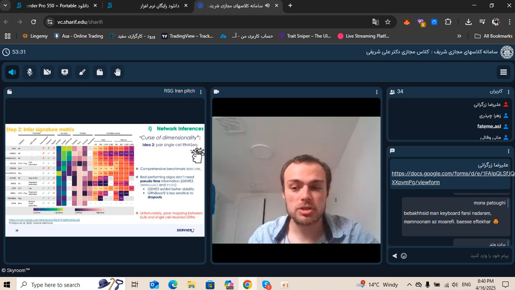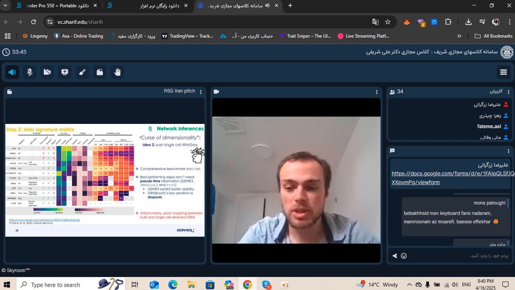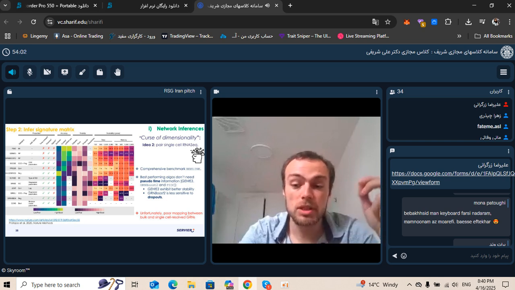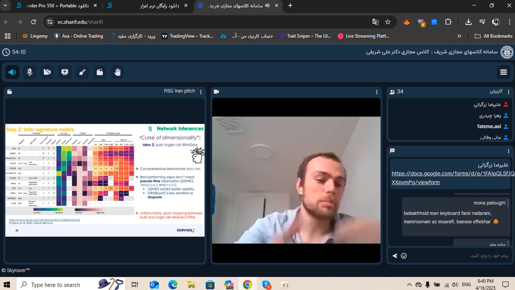Another idea to overcome the curse of dimensionality is to add single-cell RNA-seq profiles, because there are plenty of network approaches that have been developed to infer gene regulatory networks in single-cell populations. In particular, there has been a benchmark that has been more or less recently published, called BEELINE. I think there are more recent benchmarks that have been developed so far, but what was exhibited in BEELINE is that the two best performing approaches were GENIE3 and GRNBoost2, and they overall exhibit really great stability in inferring these gene regulatory networks, and they are not that sensitive to the dropouts.